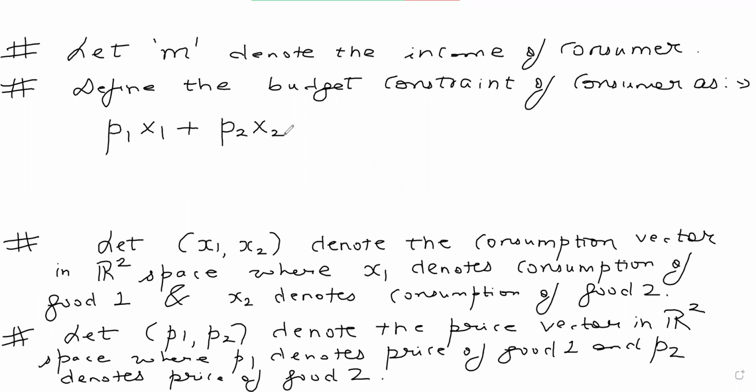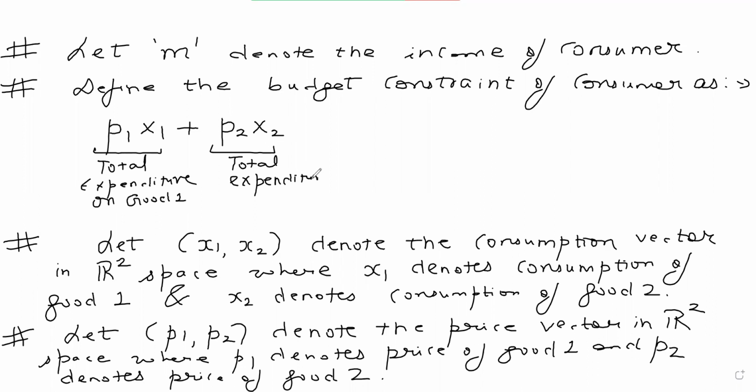So P1 X1 is your total expenditure on good 1. How much the consumer is spending on good 1. P2 X2 is the total expenditure on good 2. Whenever you multiply price by quantity, you get total expenditure. This should be less than or equal to the income of the consumer.